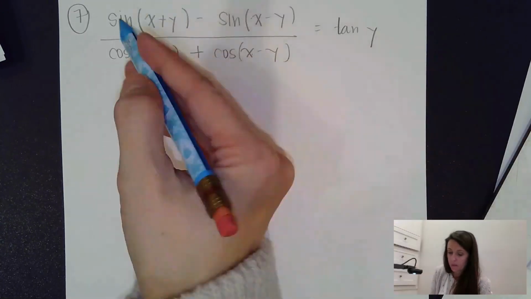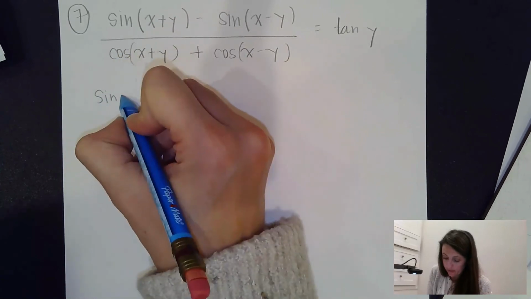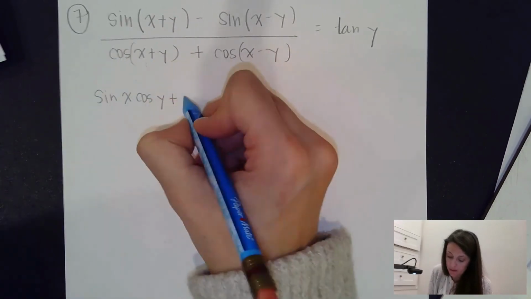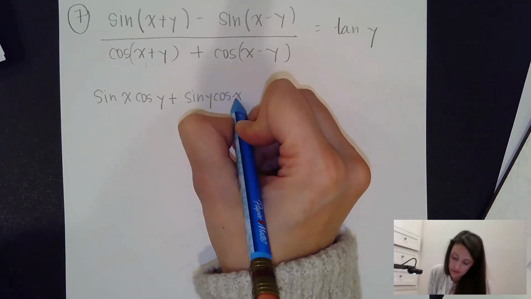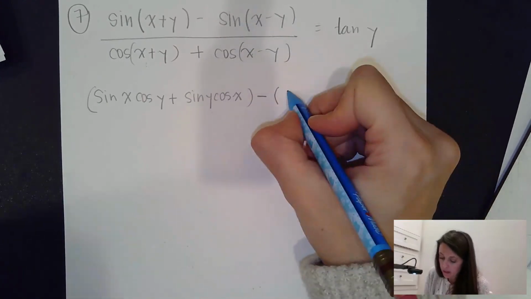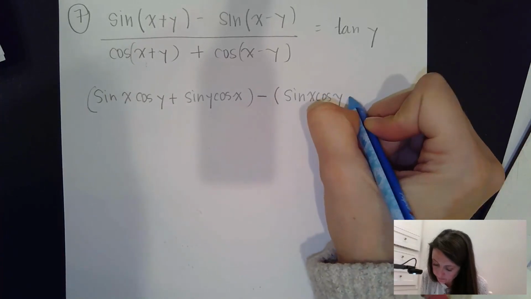So sine of x plus y is going to be sine of x times cosine of y plus sine of y cosine of x. And then same thing here, but you will have a minus sign.